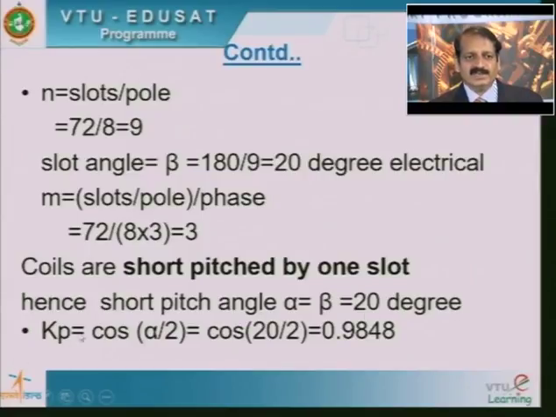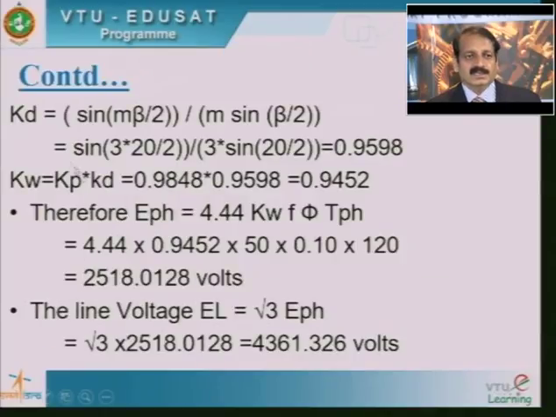So, Kp can be calculated as cos of alpha by 2, where alpha is equal to 20. So, we can substitute this 20 here. So, 20 by 2 comes to 10, cos of 10 is given as 0.9848. We can calculate distribution factor Kd, which is given as sin of m beta by 2 divided by m sin of beta by 2.